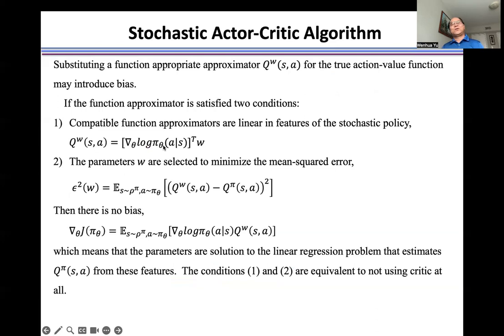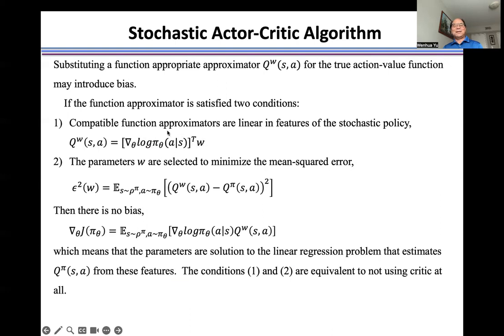Usually, if we use Q_w to replace the Q pi, we will have a larger bias. To reduce the bias, we let the function approximator Q_w satisfy two conditions. One is that it is a linear function of w.